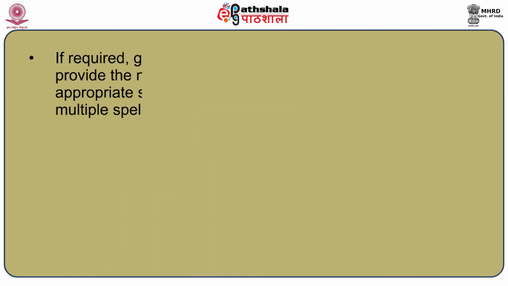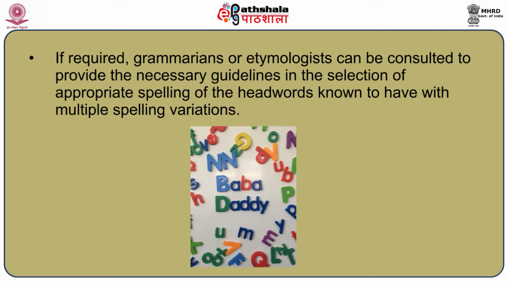The question of grammatical validity or morphological authenticity of a particular variant may arise to challenge the selection of a particular spelling made by the statistical method. This cannot be ignored. Rather, it should be addressed adequately to come out with an acceptable solution. If required, grammarians or etymologists can be consulted to provide the necessary guidelines in the selection of appropriate spelling of the headwords known to have multiple spelling variations.